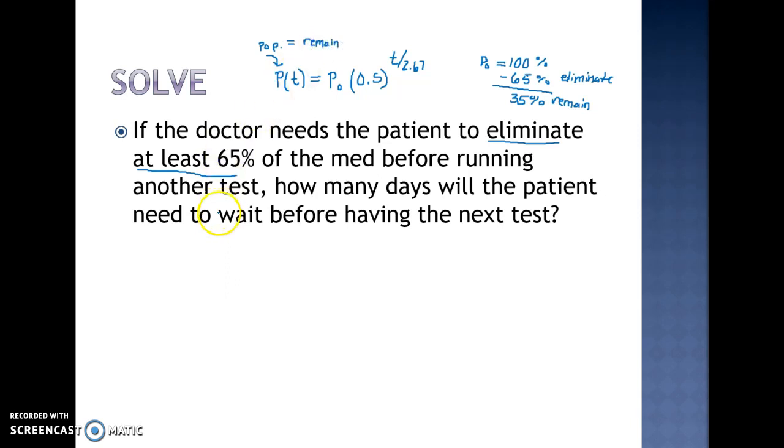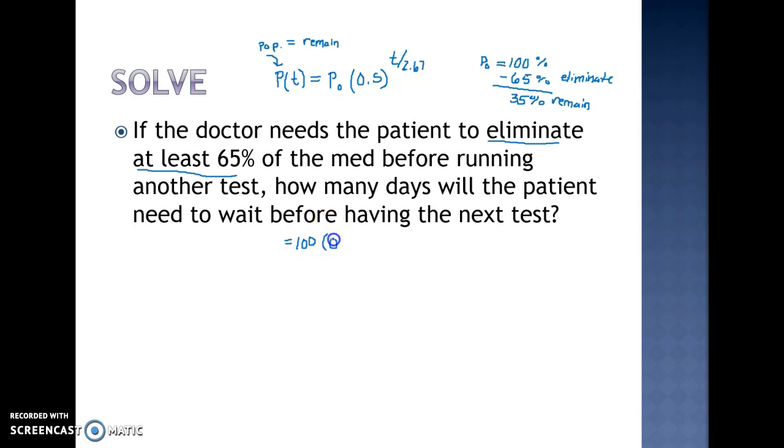So when I go to fill in numbers, I find it easiest to work with this problem in percents because it was in percents. So for my P0, just like we set up here, P0 was 100%. So I'm filling in 100 where the P0 is.